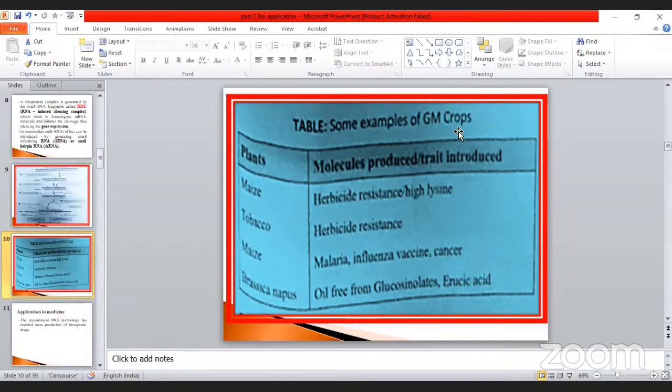Tobacco is a plant, herbicide resistant. Again maize, for malaria, influenza vaccine, and cancer. Brassica napus, oil-free form, glucosinolate, erucic acid. So these are the importance of GM crops.